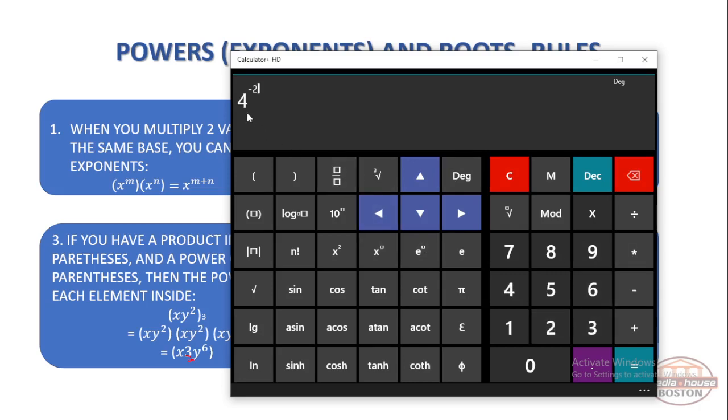When we write this down, we can simplify this to say that the negative changes to 1 over. It changes to 1 over 4 to the power of 2. So that negative becomes 1 over.